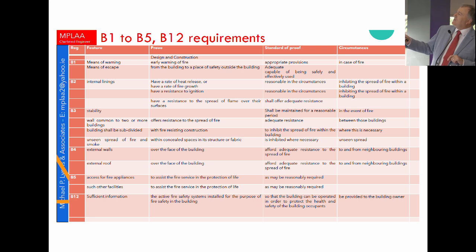It must be adequate, capable of being safely and effectively used. So if you do a performance-based design, you must make sure that your design, in all the scenarios you present to the assessing officer, provides adequate means of escape, and it's means of escape that can be safely and effectively used. Now, you're making that up.